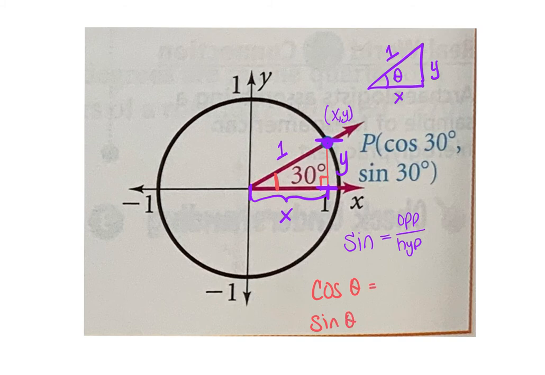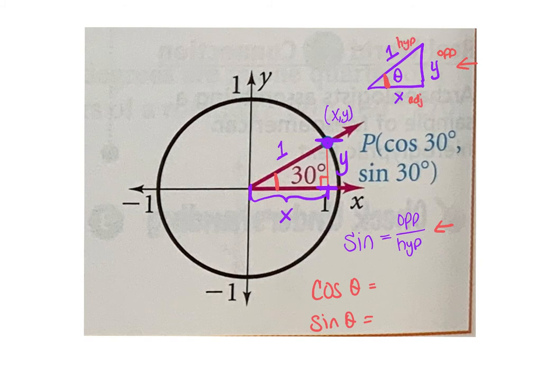We just said sine was opposite over hypotenuse. What is the opposite of this angle theta? Opposite is y, adjacent is x, and hypotenuse is 1.